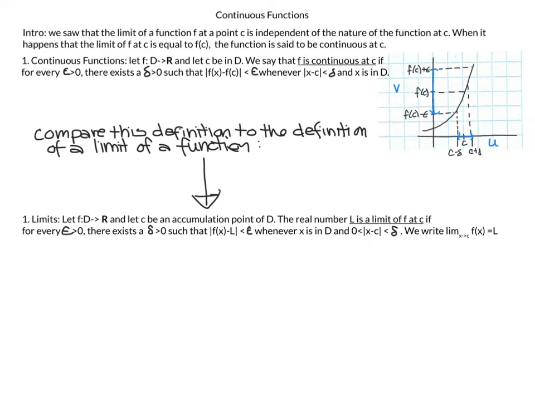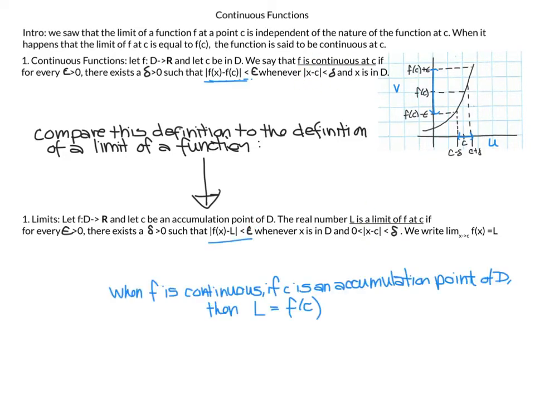The reason why this should be so familiar is because this definition exactly echoes the definition of a limit. You have a function from D to R, and for every epsilon greater than 0, there exists a delta greater than 0, same thing as the limit. Here you have |f(x) - f(c)| less than epsilon. For the limit, you have |f(x) - L| less than epsilon whenever |x - c| is less than delta.